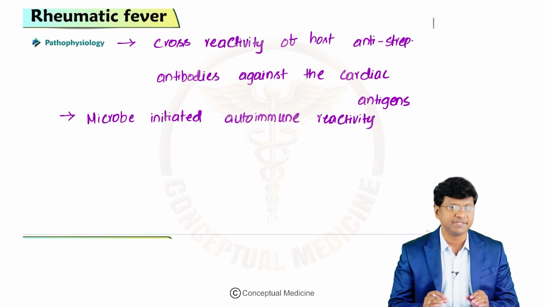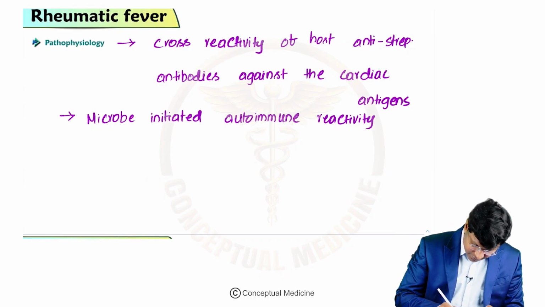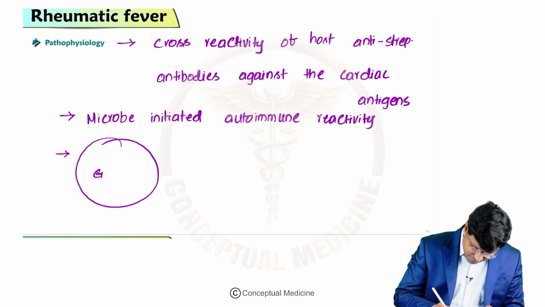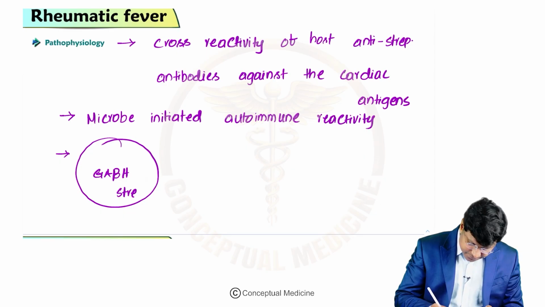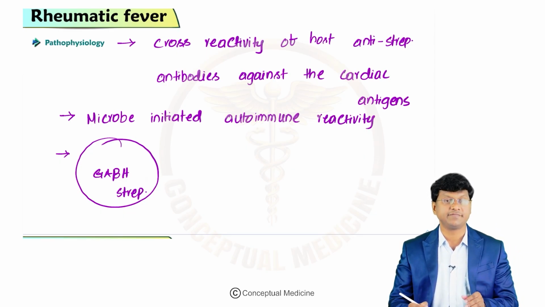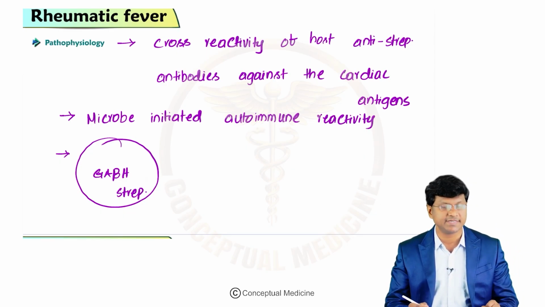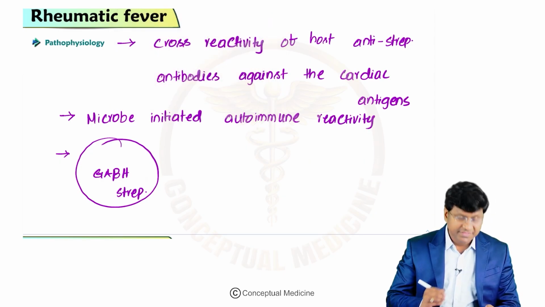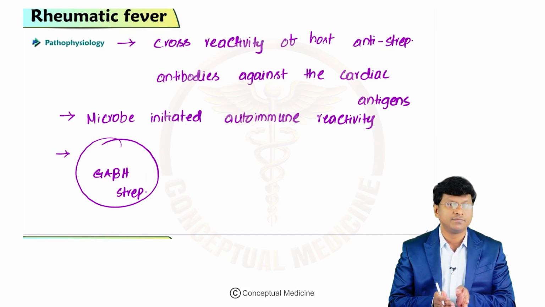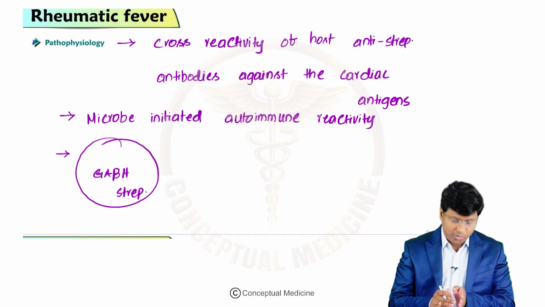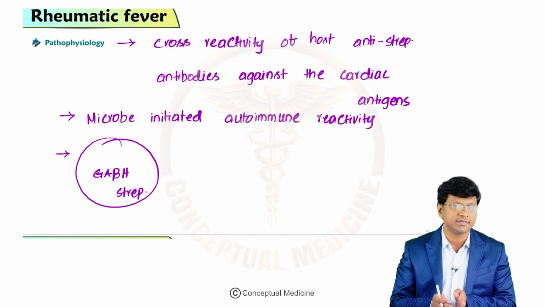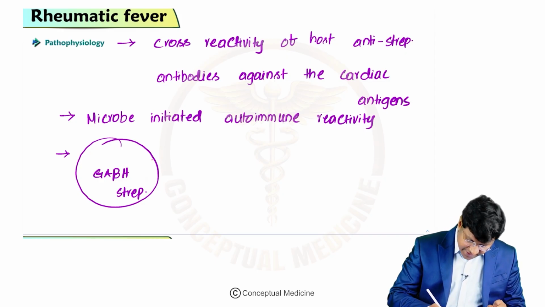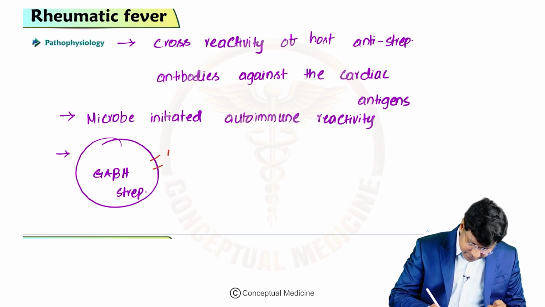What happens here is the individual is infected with group A beta-hemolytic streptococcal infection. Within the cell wall of the group A beta-hemolytic streptococci, you have the presence of the M protein.